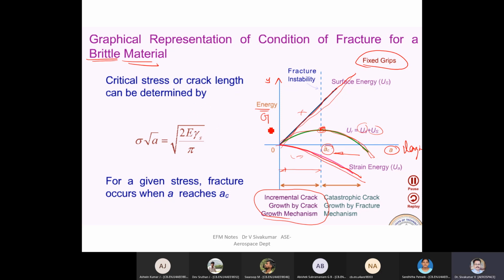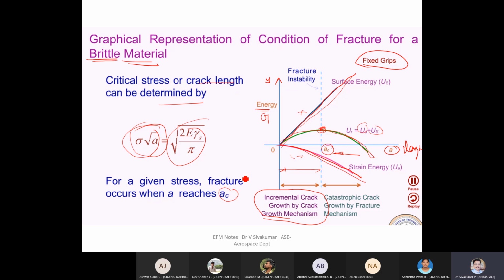The critical stress or critical crack can be determined by equating the surface energy with respect to the stress intensity factor or the energy: sigma root A is equal to root of 2E times surface energy by pi. So when the crack becomes AC, fracture will happen.